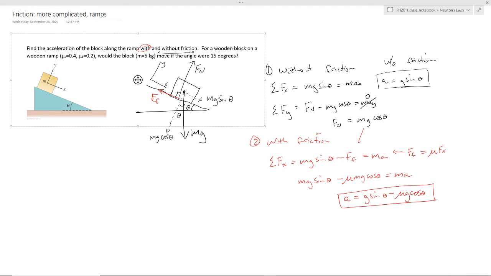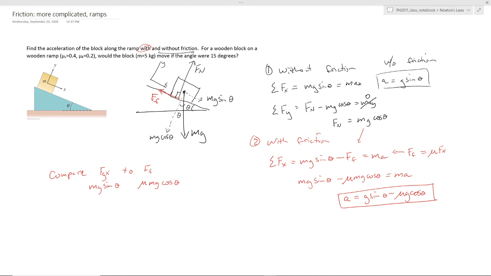So what we're going to do is compare the force of gravity that's along x to the force of friction. So in other words, this is mg sine theta, and we're going to compare that to mu mg cosine theta.